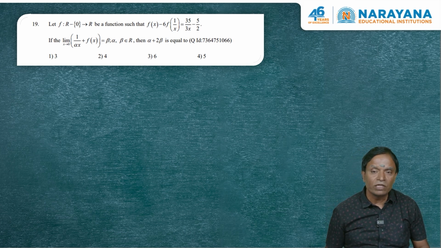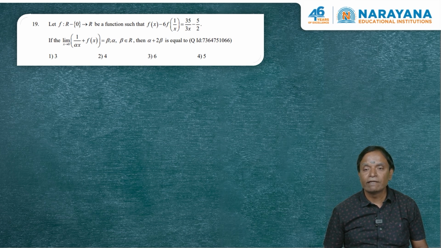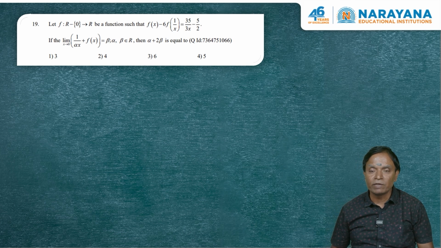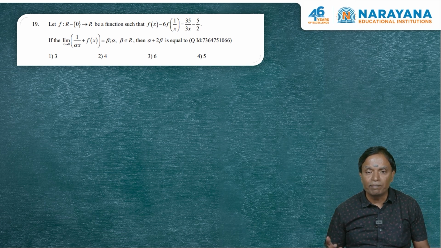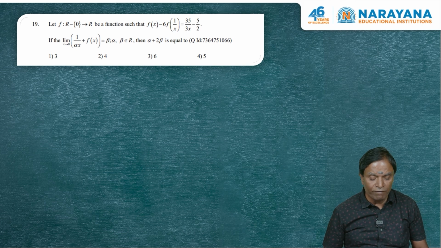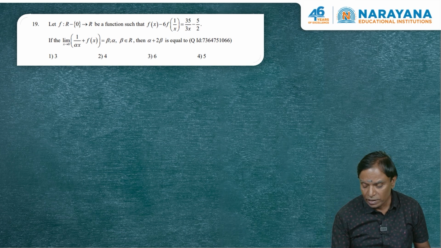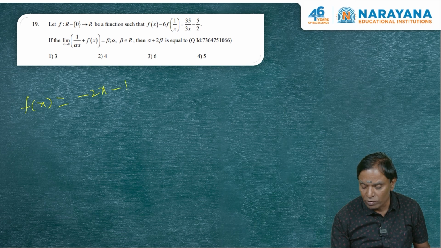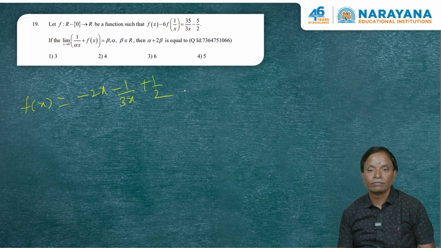In the given functional equation, f of x minus 6 times f of 1 by x is equal to 35 by 3x minus 5 by 2. In that, replace x with 1 by x and eliminate f of 1 by x, in which you get f of x is equal to minus 2x minus 1 by 3x plus 1 by 2.